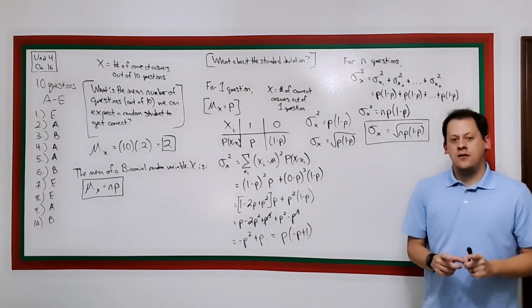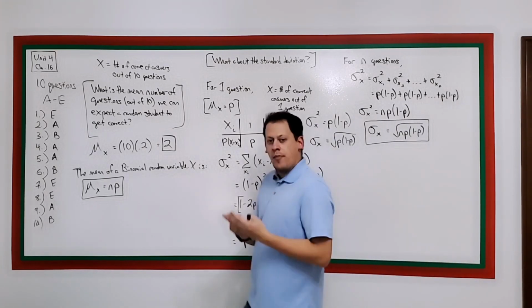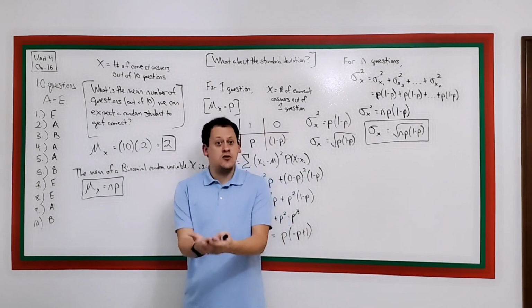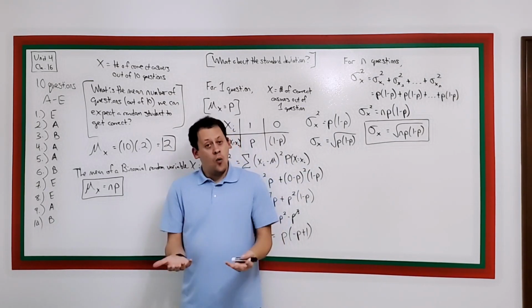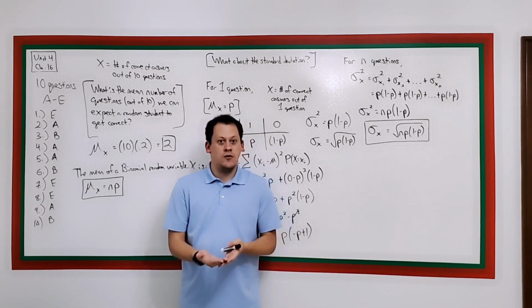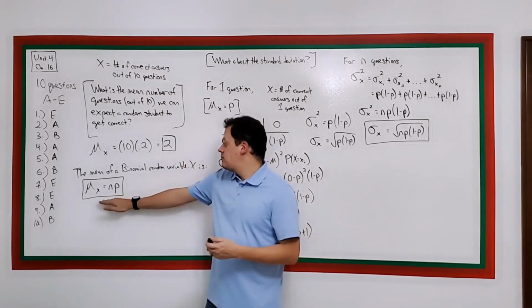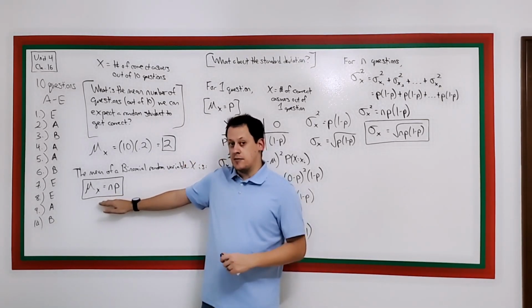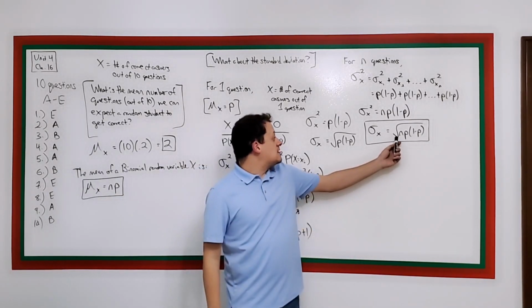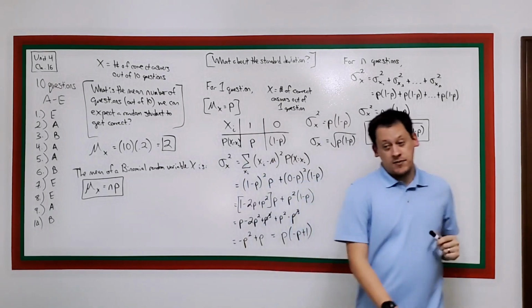All you need to know is if you have a binomial random variable, either you've checked conditions and you know there are Bernoulli trials, or the problem tells you that x is a binomial random variable. If you want the mean of that variable, it's n times p. If you need the standard deviation, it's the square root of n times p times 1 minus p.